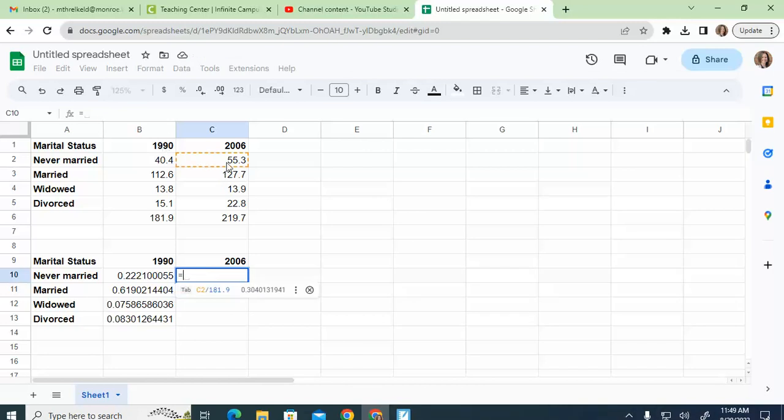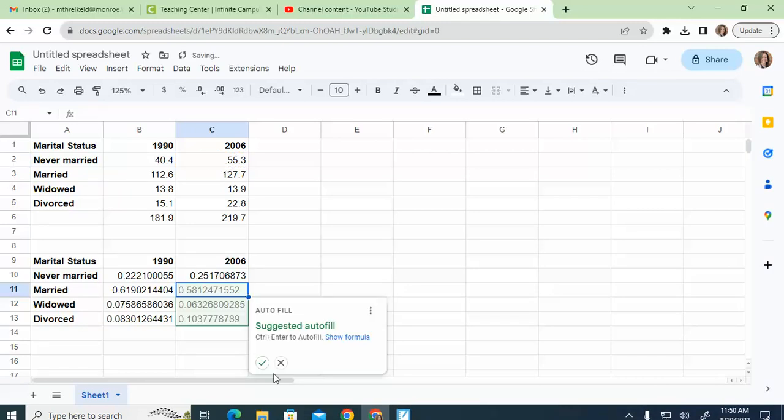For 2006, I'm going to do the first one, divided by the total for 2006, which was 219.7. And I got all of my relative frequencies there.